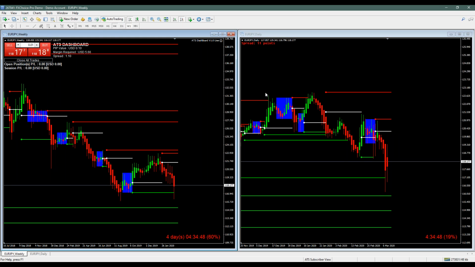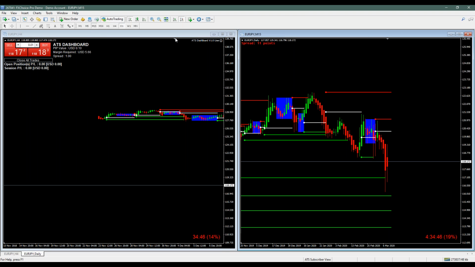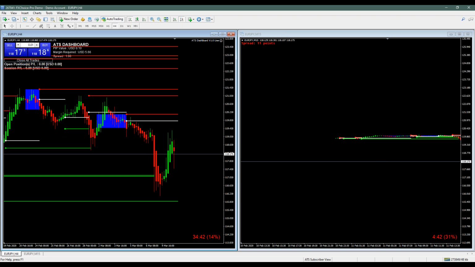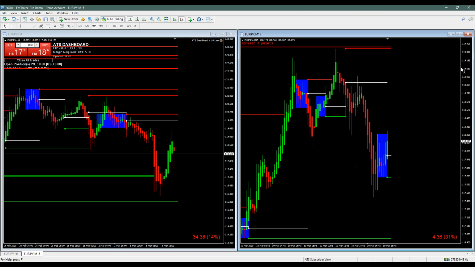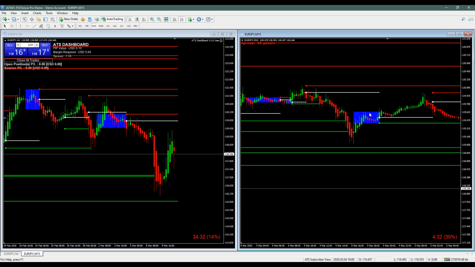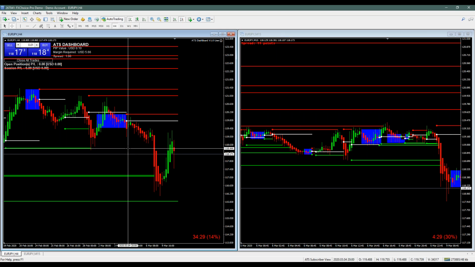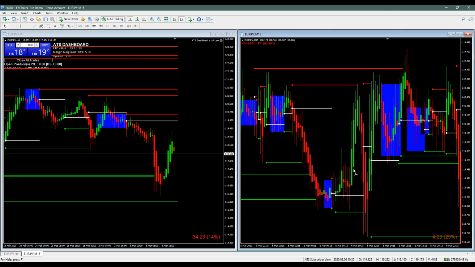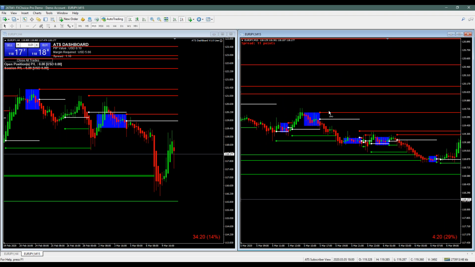So that would be from March 3rd. Okay, so in this area, if you're looking at the 4-hour into the 15-minute into the 4-hour, we had a box right here, but then we broke out.